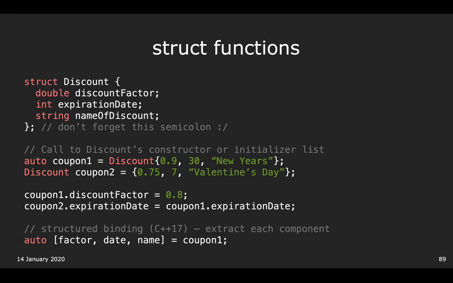Structs are kind of like tuples. Did Keith cover structs? Probably not. Yeah, so structs are kind of the same thing, but instead of just different components, you can actually give names to each of these components, which makes something like coupon dot expiration date more clear. Okay, these are called structures.